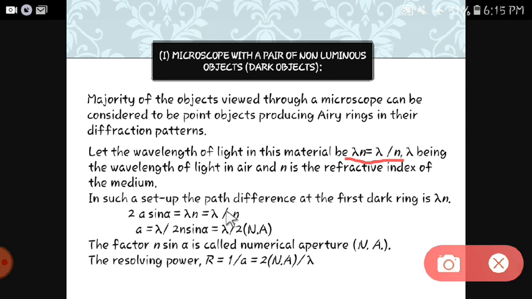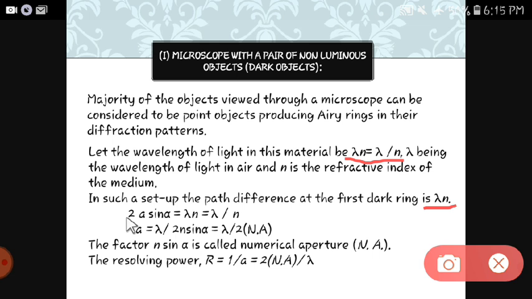In such a setup, what will be the path difference at the first dark ring? It will be lambda n. Why is it so? Because it is a dark point, the first dark point that we have considered from the very first.